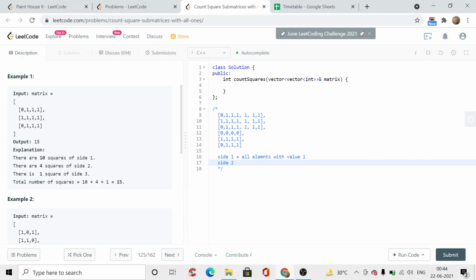Now if I go to side 2, I will check that all these 4 of them are 1 or not, like this. Then when I go to 3, I will check whether all the elements in this 3 by 3 are 1 or not.